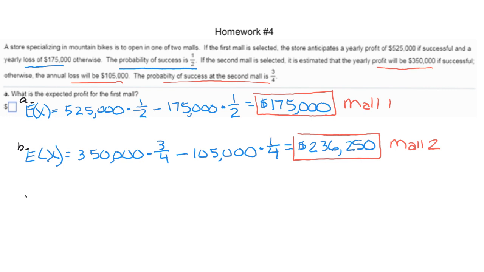And part C is choosing which mall would be more profitable for the company. So we would choose mall number 2. And in choosing mall number 2, we are going to maximize our profit.